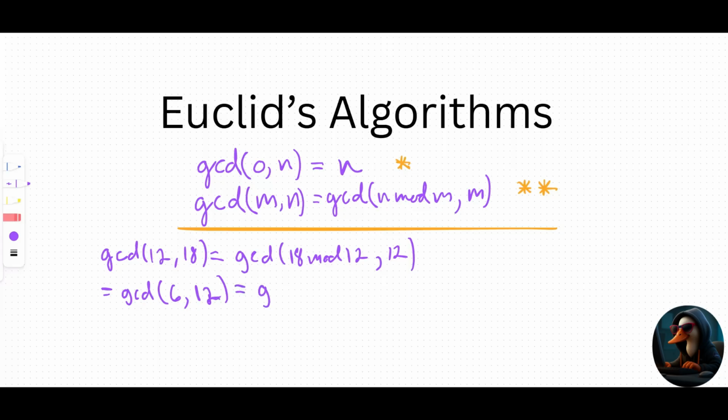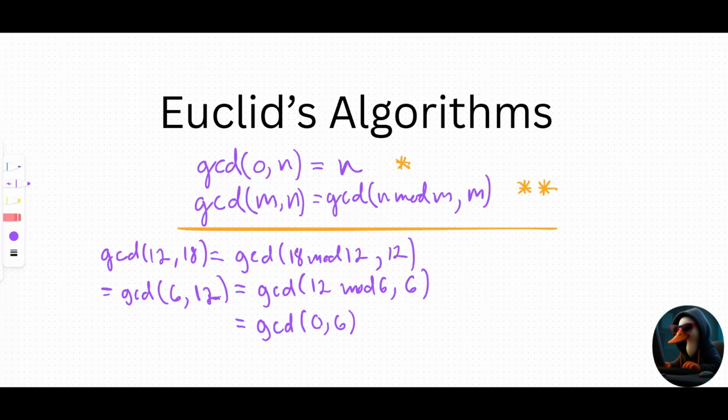I can rewrite this as the greatest common divisor of 12 mod 6 and 6. I'm going to solve for 12 mod 6. And that's going to give me the greatest common divisor of 0 and 6. That's because when I divide 12 by 6, 6 goes into 12 twice evenly, no remainders.